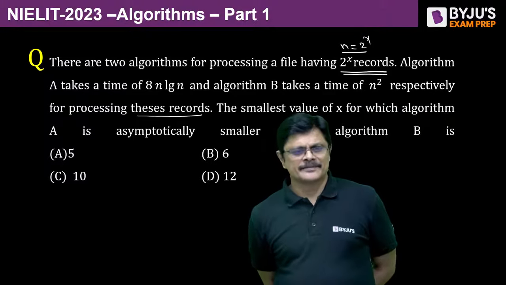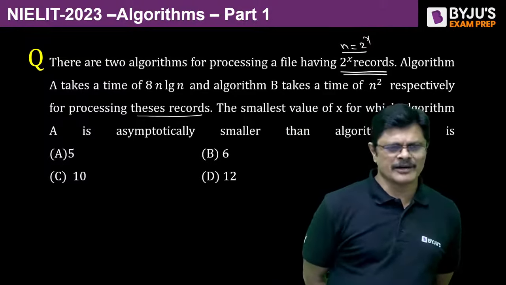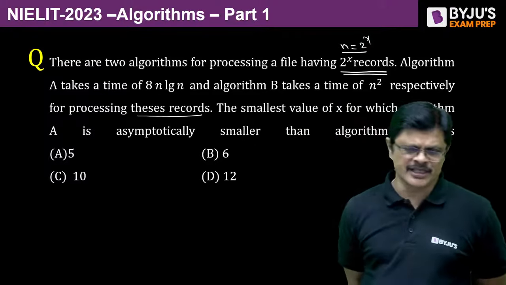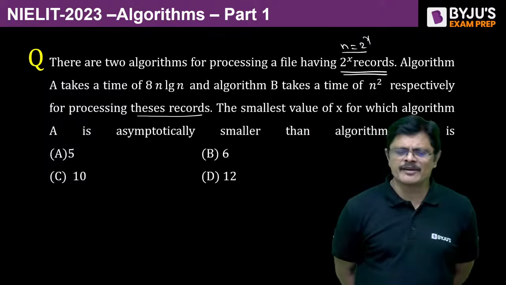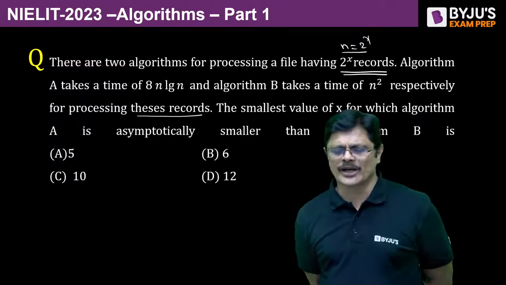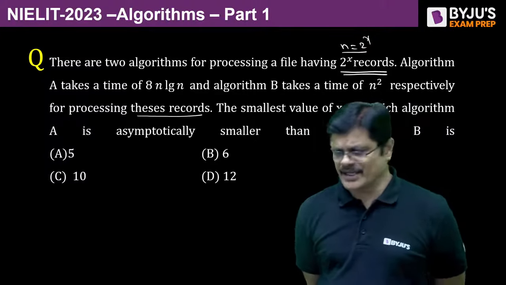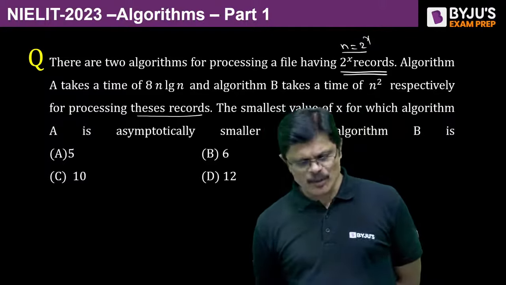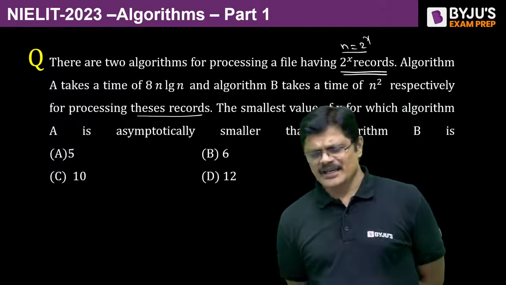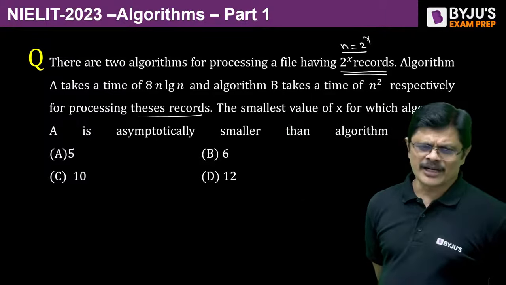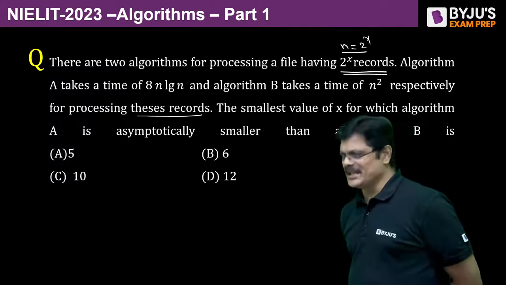Previous question, right? Chandan and Madhavi both are correct. The question: what is the smallest value of x for which algorithm A is asymptotically smaller than B?